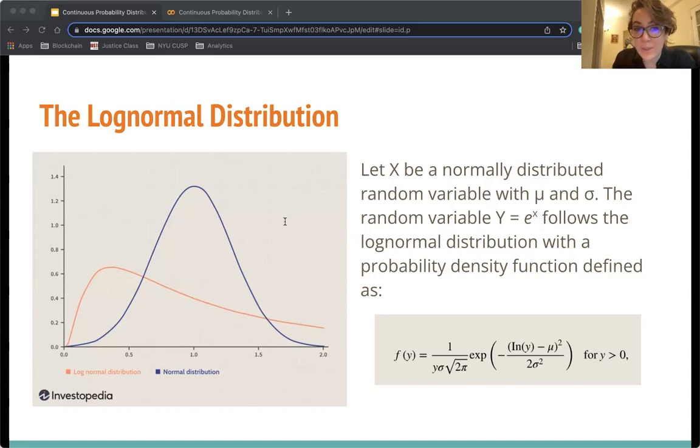And the reason why we can use this is because normal distributions may present a few problems that the log normal distribution can solve. Mainly, normal distributions can allow for negative random variables, while log normal distributions include only positive variables. One of the most common applications where log normal distributions are used in finance is in the analysis of stock prices, where the potential return of a stock can be graphed in a normal distribution.